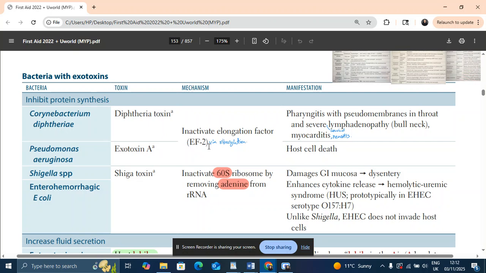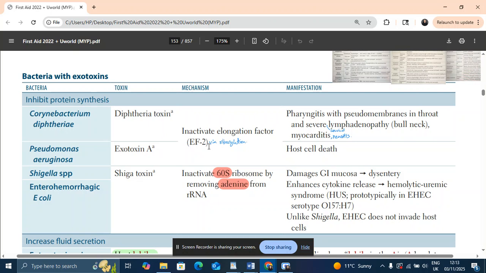Without elongation factor 2, the cells cannot make protein, and when they cannot make protein, they cannot make their structure, and eventually the cells die.